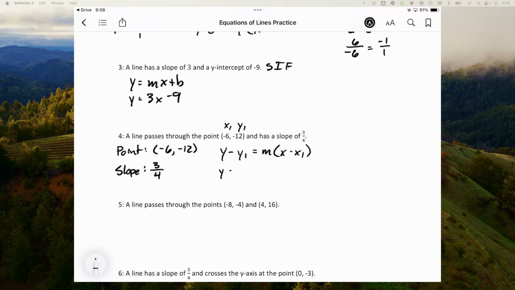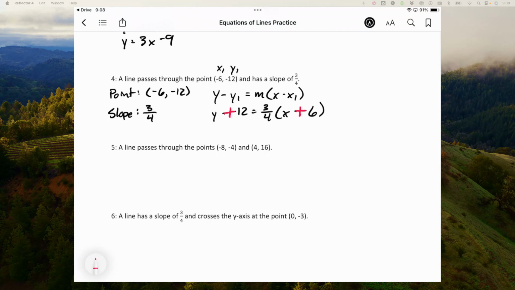We get y minus negative 12 is equal to 3/4 times x minus x1, negative 6. Those two negatives will become a positive. And that would be it. We have our point-slope form equation for that function.